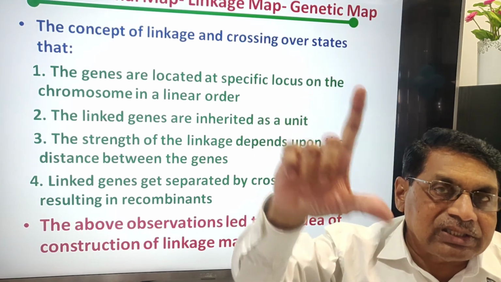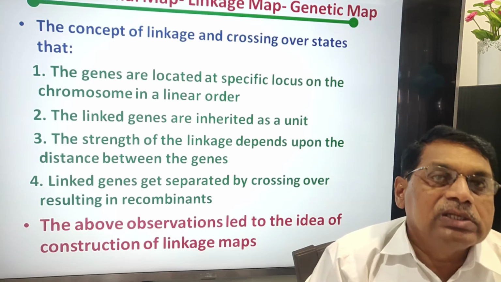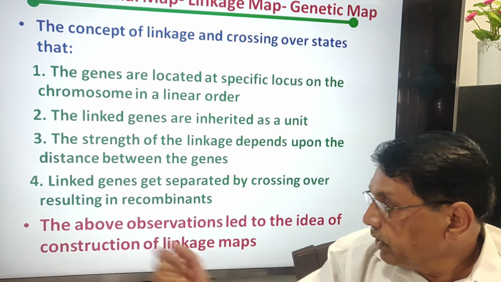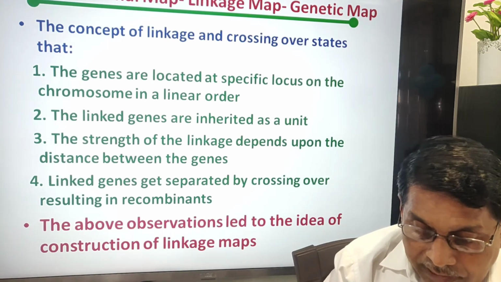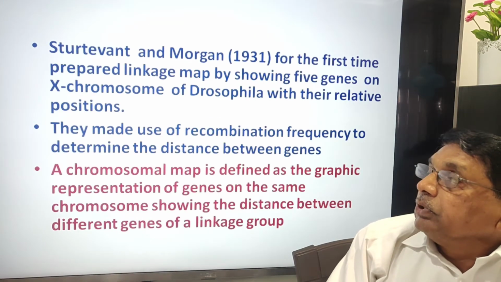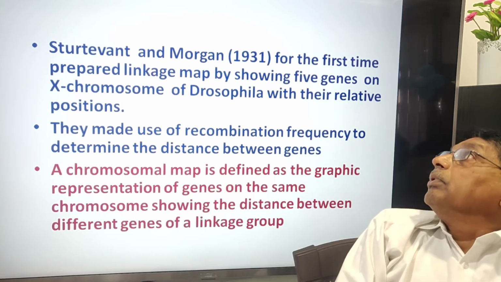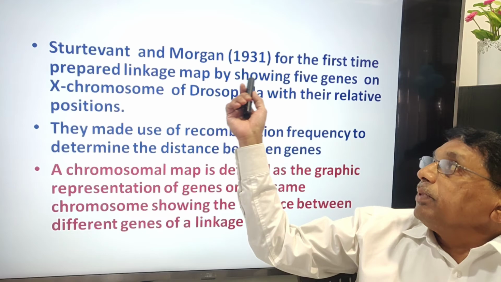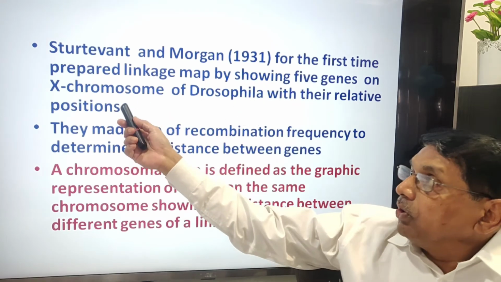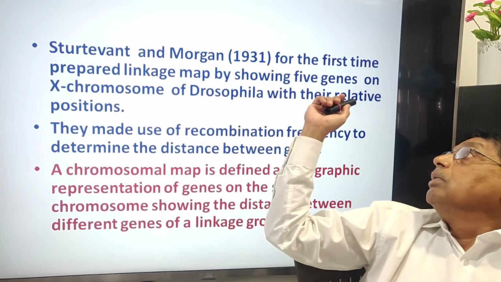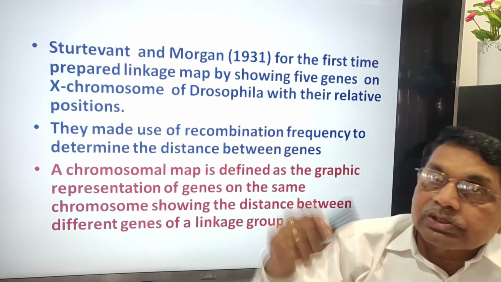As the distance increases, crossing over chances increase. The above observations led to the idea of construction of linkage map. Sturtevant and Morgan, 31, for the first time prepared a linkage map by showing 5 genes on the X chromosome of Drosophila with their relative positions.